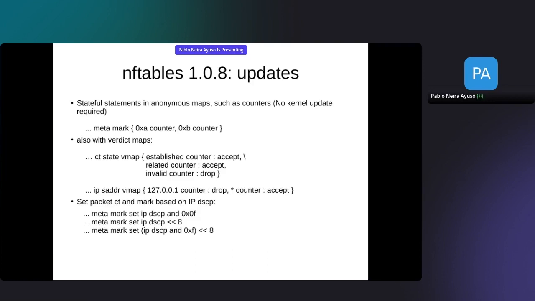So yes, the optimize option is good to be run on existing rule sets. If you have some of them that were migrated from iptables, it's very convenient. And it's still missing a good number of optimizations that can be done, but that will hopefully come soon in the near future.